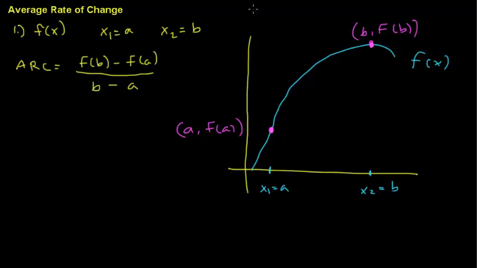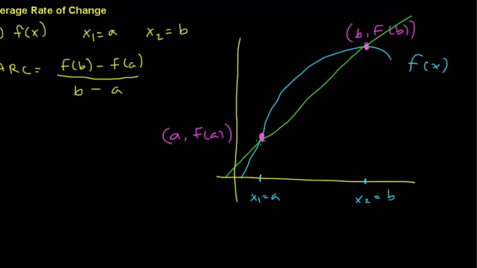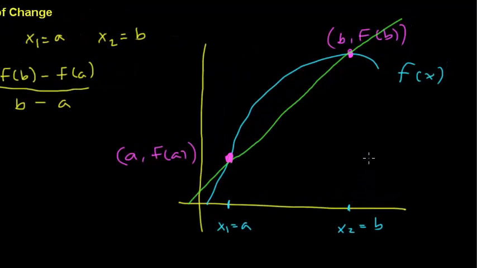But we could also connect these 2 points using a straight line, right, that just goes through each of those points. So let's make sure it actually goes through that point, a comma f of a. Now, if I've got a straight line that goes through 2 points, and I know the coordinates of those 2 points, then I could ask you to calculate the slope of this line.